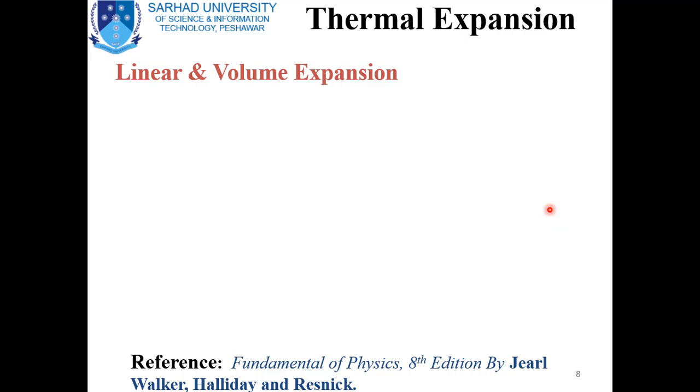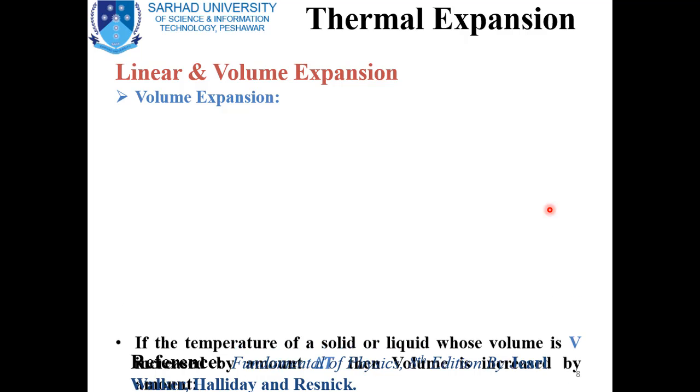In this slide we will discuss the volume expansion. If all dimensions of a solid expand with temperature, the volume of that solid must also expand, and the volume expansion for liquids is the only meaningful expansion parameter.